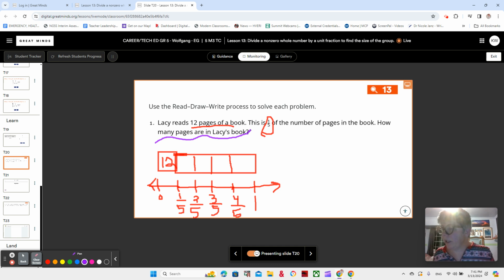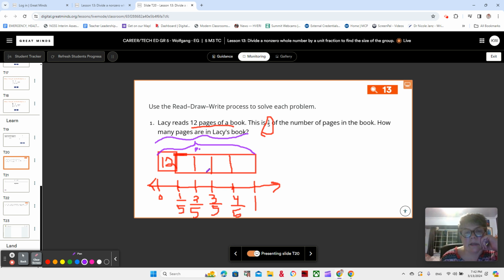Excellent. What is the unknown part of the problem? How can we show that on the tape diagram? So what we don't know is the number of pages in Lacey's book. And I just conveniently put it up to there, but you should always label your tape diagram. I'm just going to put a P for pages, and that is what we don't know.